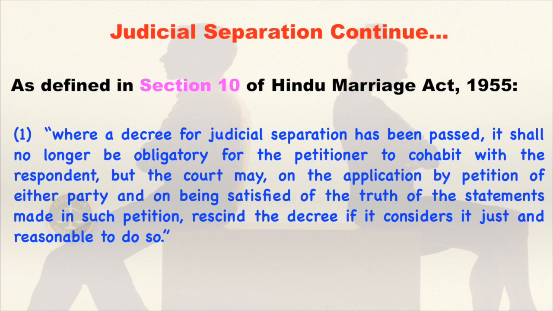This is saying that once you get the decree for judicial separation, it is not essential for the parties to live together. They are free to live separately. However, if at any point in time they wish to reconcile and start cohabiting with each other, they have to again file a petition to cancel the prior order, and after this they can start living together again.